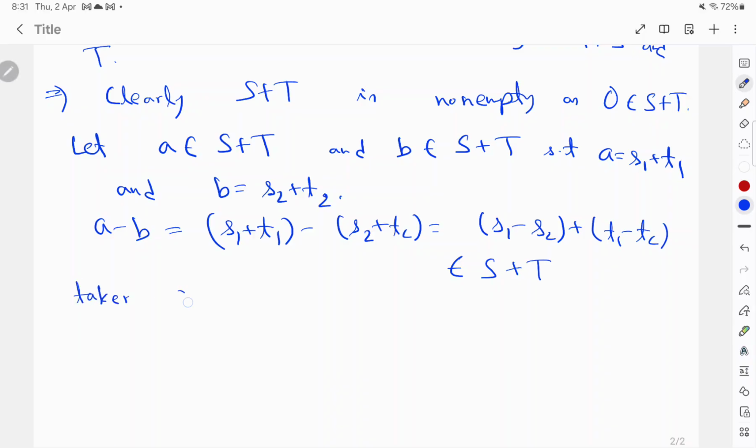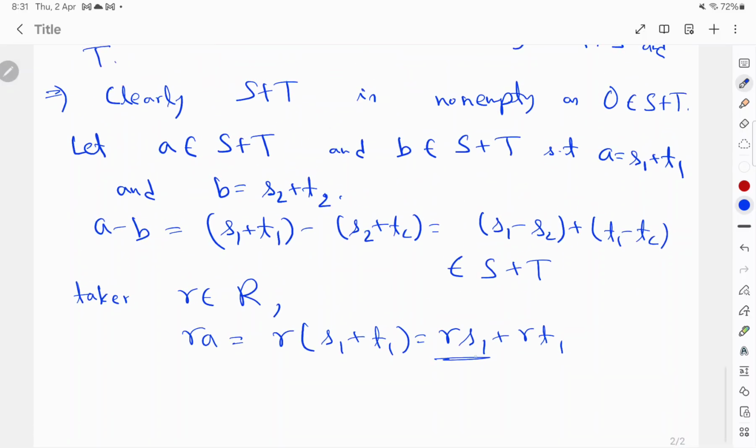Okay, now take r belonging to your main set R. So what you have to show? R into a belongs to that set, and a into r also in a similar way. So r into a, if you do, is basically r times s1 plus t1, so r s1 plus r t1. Remember s is an ideal, so r s1 belongs to s, t is an ideal, so r t1 also belongs to t. So from there you can say it is in s plus t, right? Since s and t are ideals, this is required.